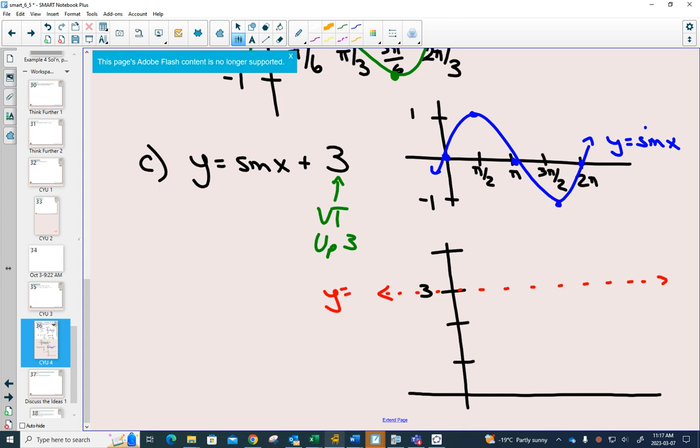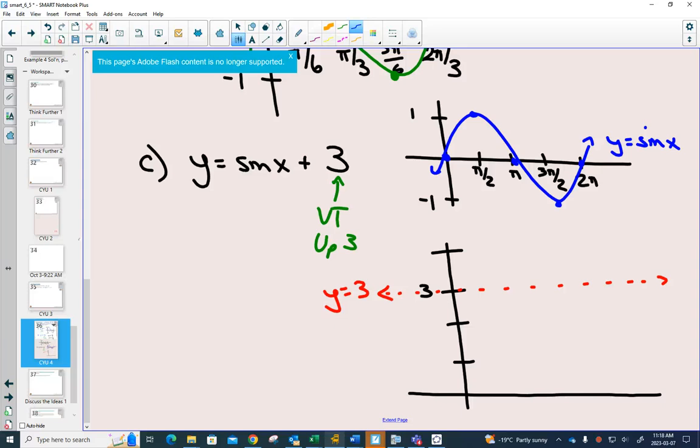Not an asymptote, but it's like an asymptote. Technically, when you draw a dotted line on a graph, you are saying that this dotted line is not part of my graph, but it's helping me draw my graph. So the center line is going to help us draw the graph because a sine graph goes from center line to max, to center line to minimum, to center line. So having that drawn is going to be helpful.